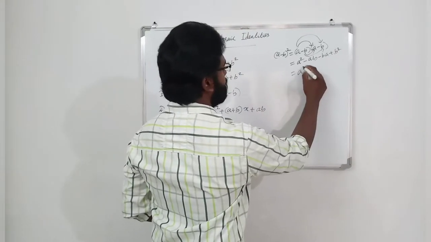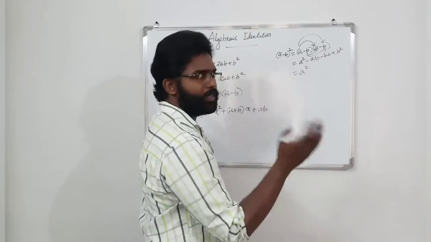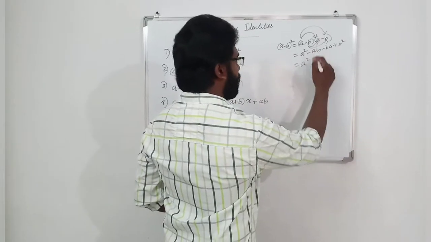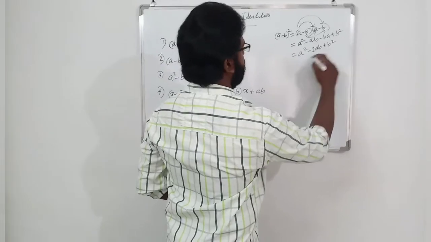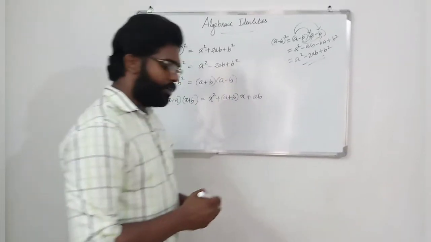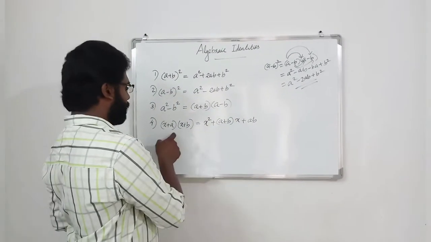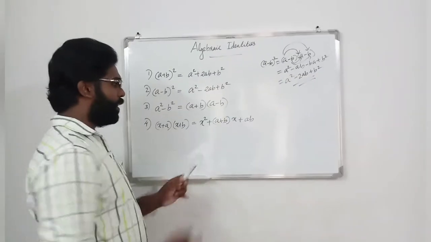That is a square; minus ab and minus ba are the same, so both are negative, and we add them to get minus 2ab plus b square. If you have any doubt in the expansion, just multiply these things and you can obtain the expansion.